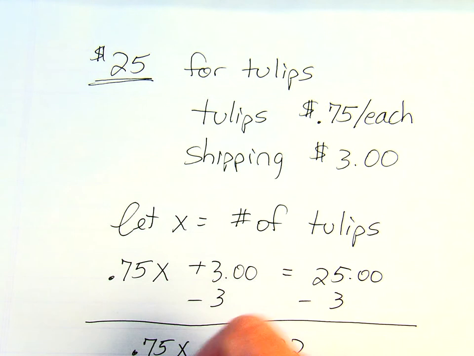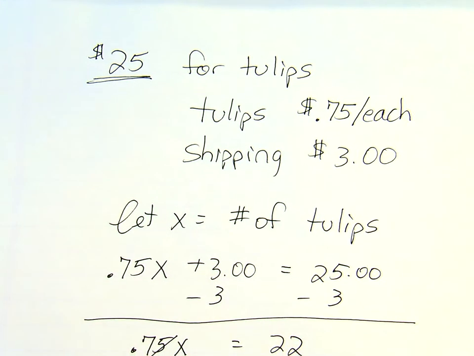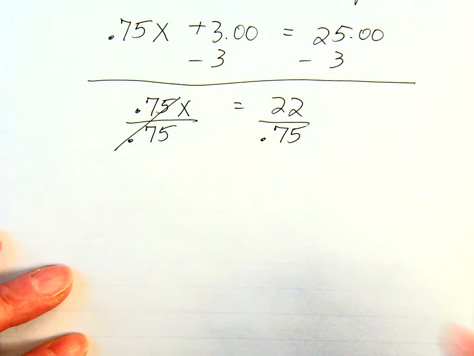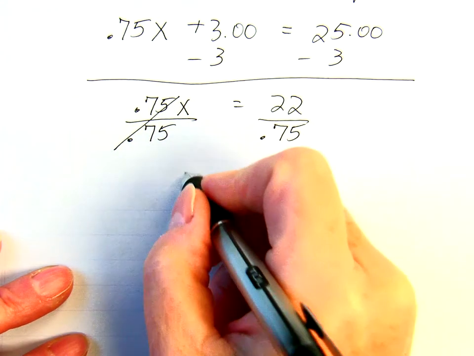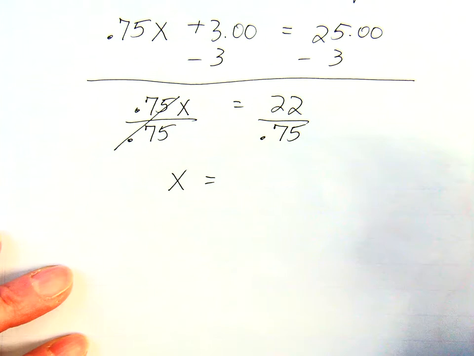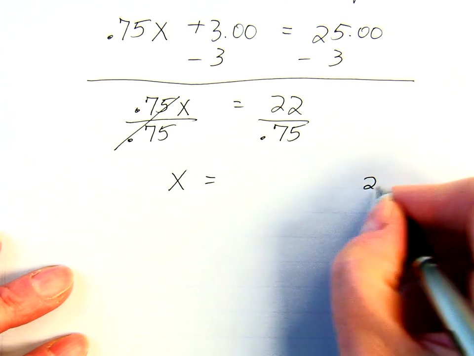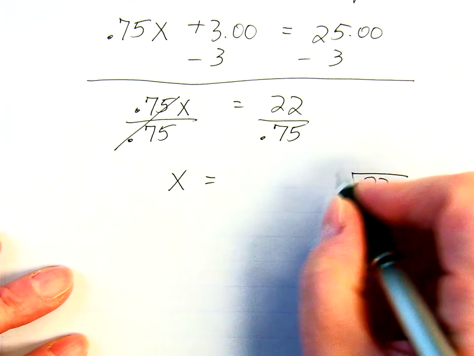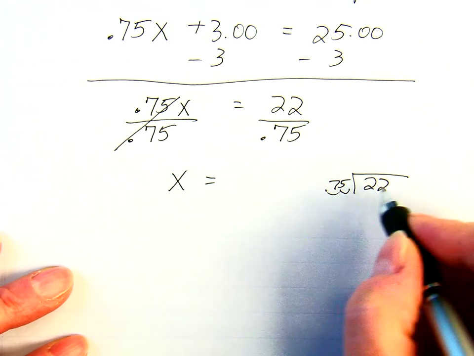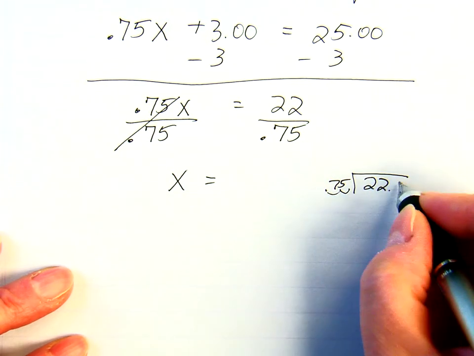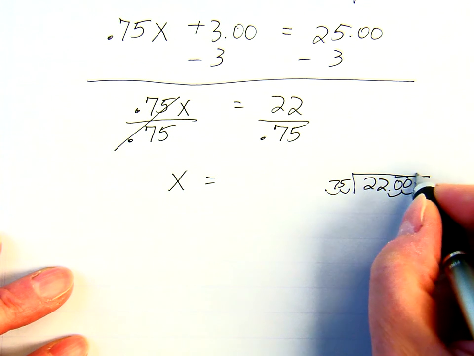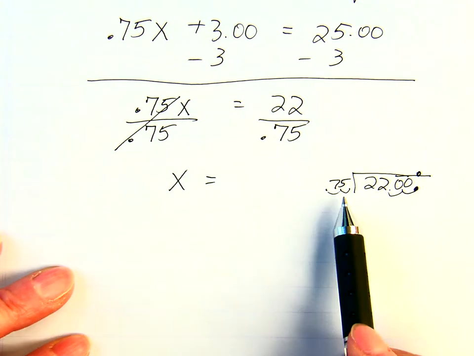That makes a 1. I'm left with x equaling this. So I'm just going to do the math here. So I have 22 being divided by 0.75. I'm going to move my decimal point 2 places, which means that I must move my decimal point 2 places here and put it straight up.